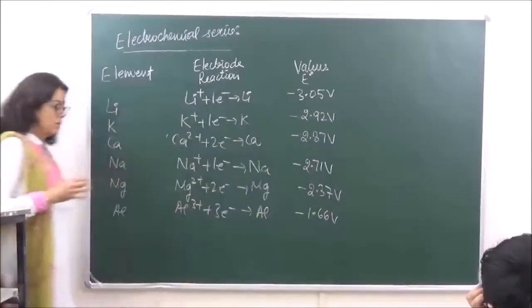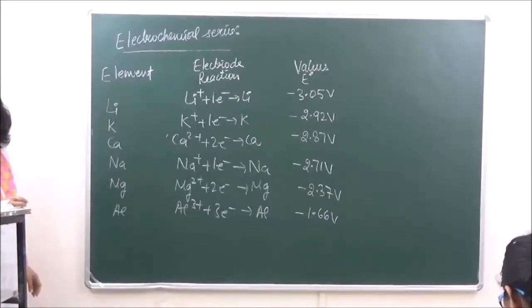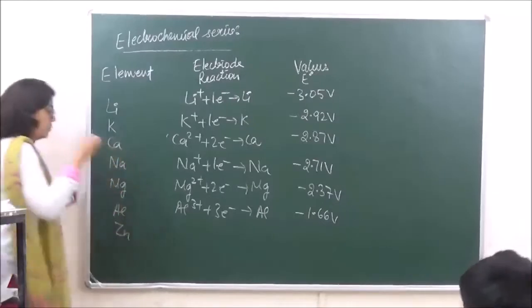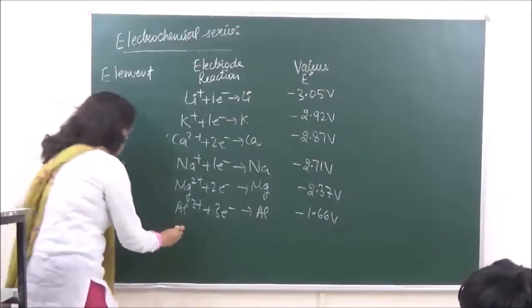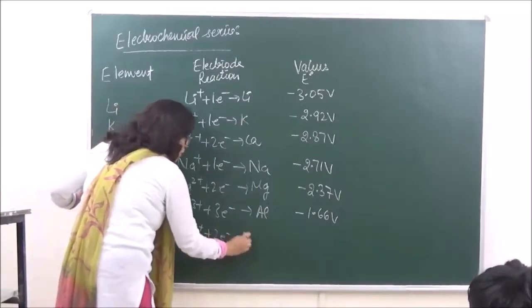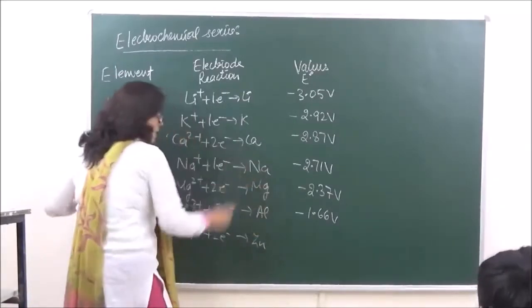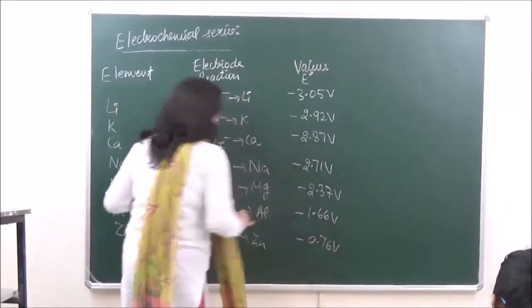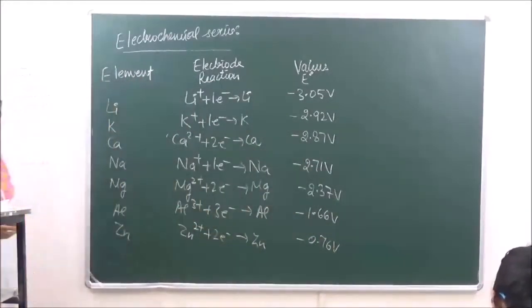Then after aluminium comes zinc, and the reaction is Zn2+ plus 2 electrons to give us zinc. The value here is minus 0.76 volt.